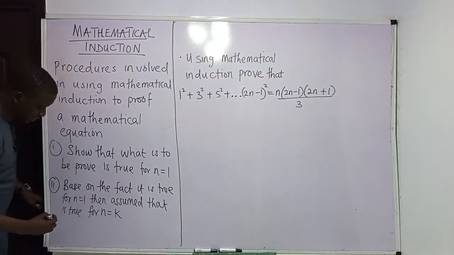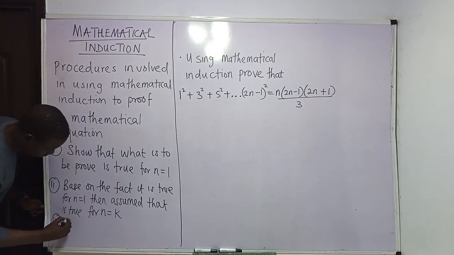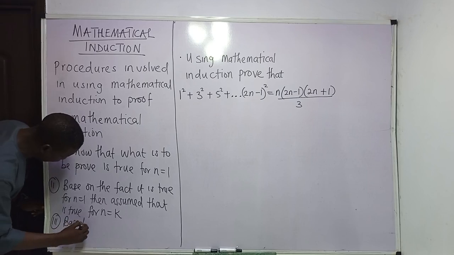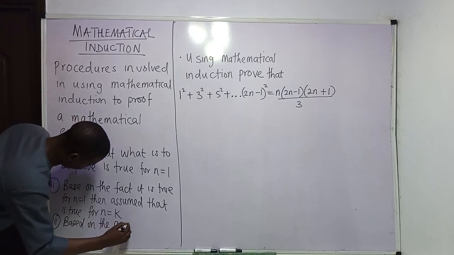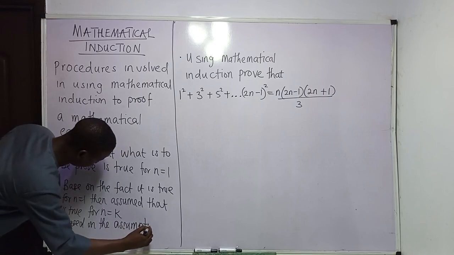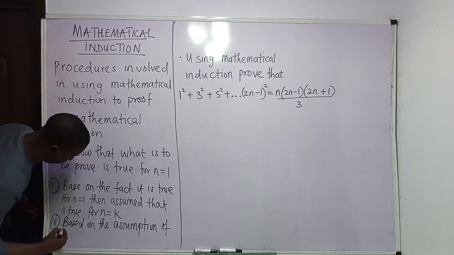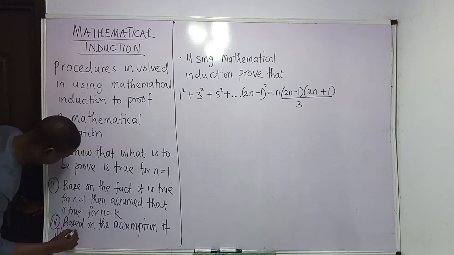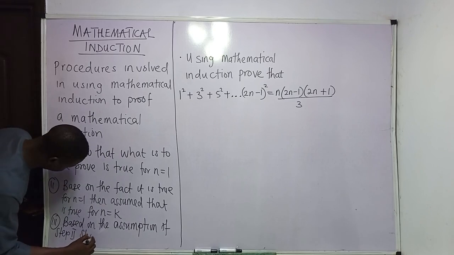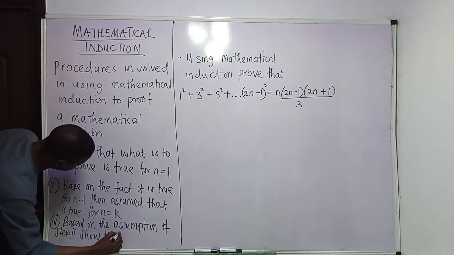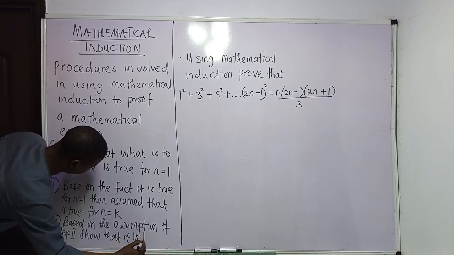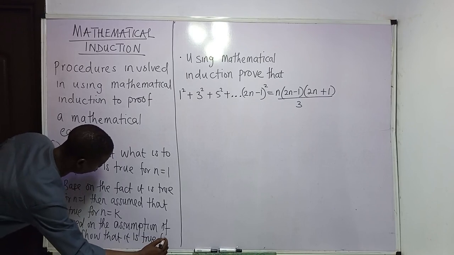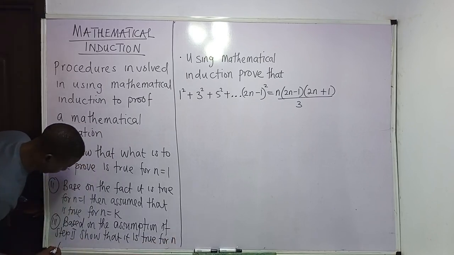Then the last step, which is step 3, is based on the assumption of step 2. Show that it is true for n equals k plus 1.